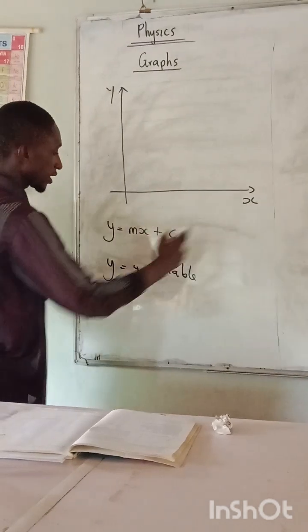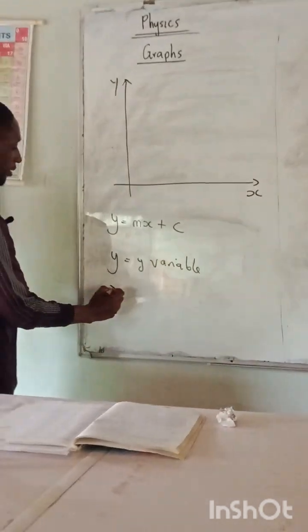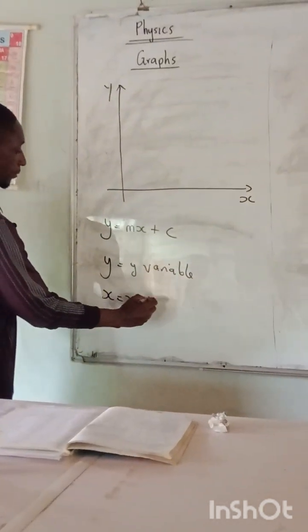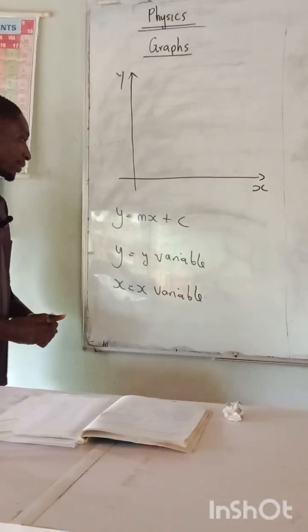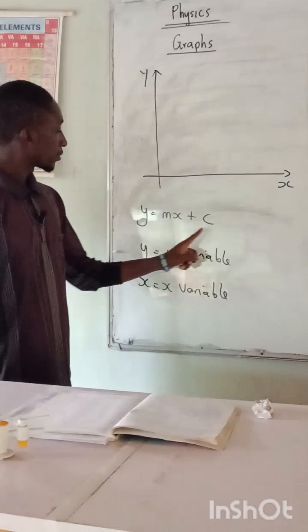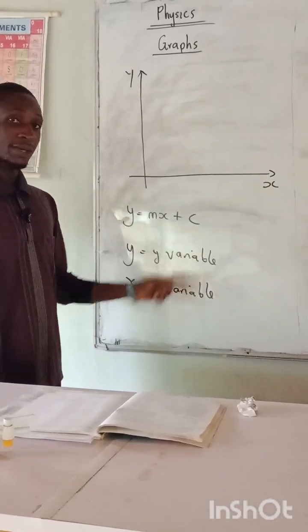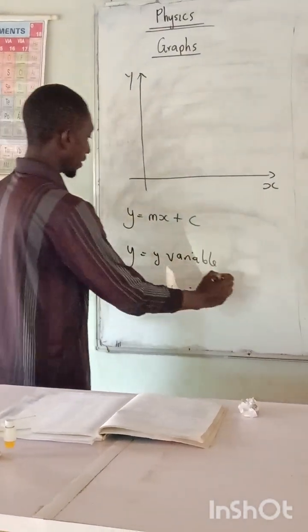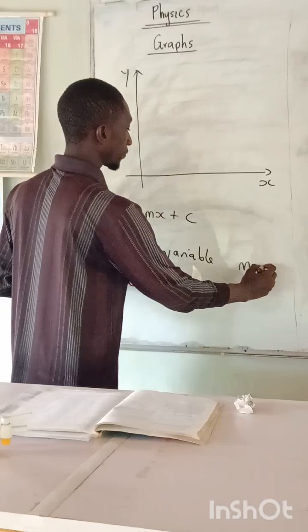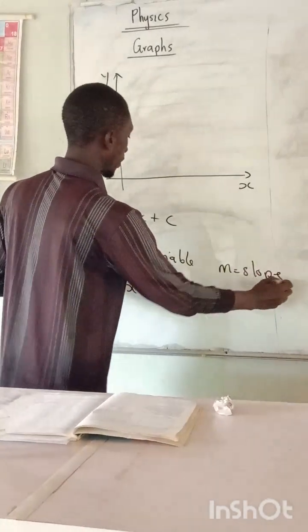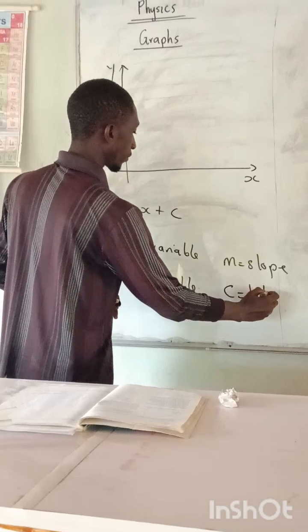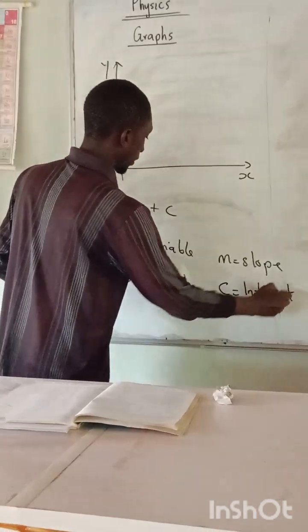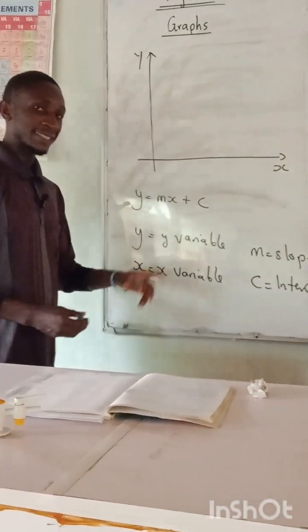Then on this part, let's call this x our x variable. Now, what are the other two constants in our equation? The m stands for slope and the c stands for intercept.